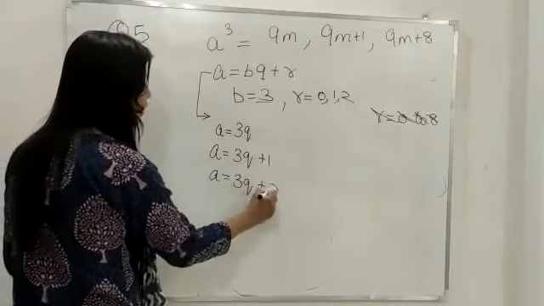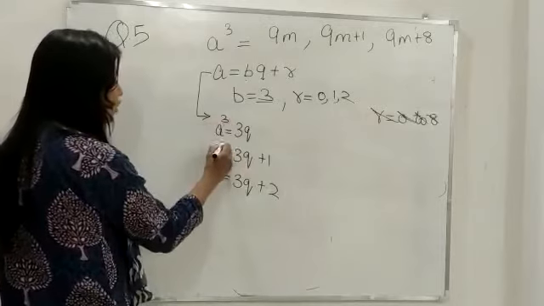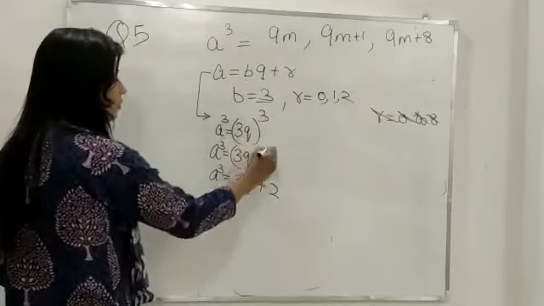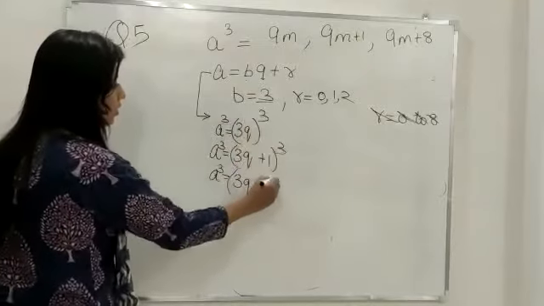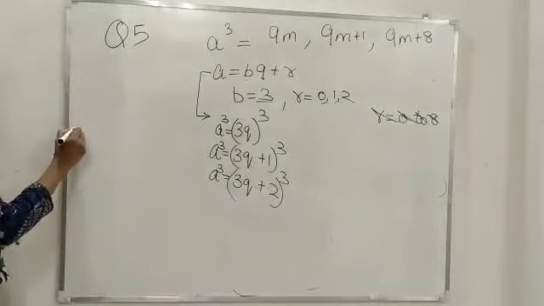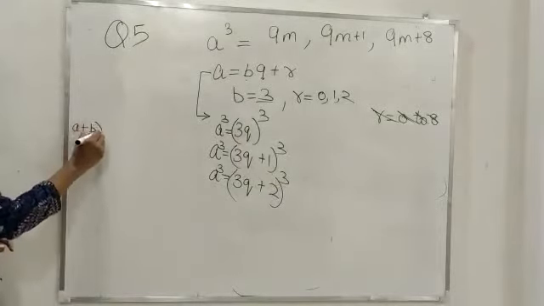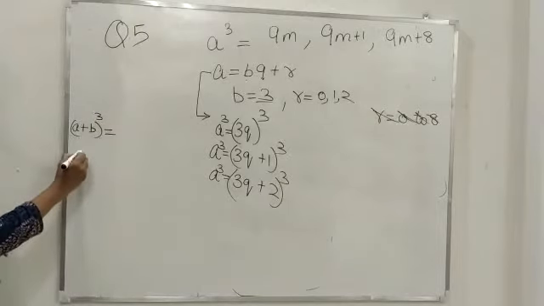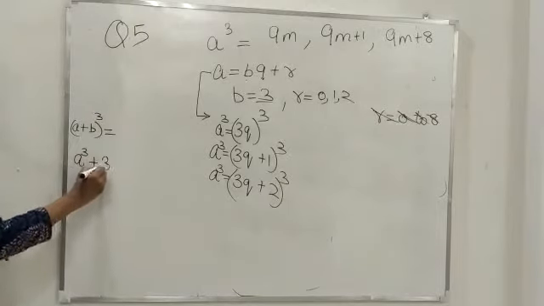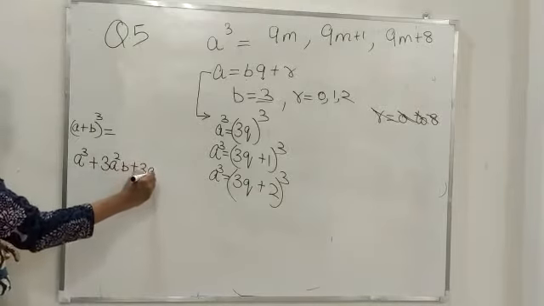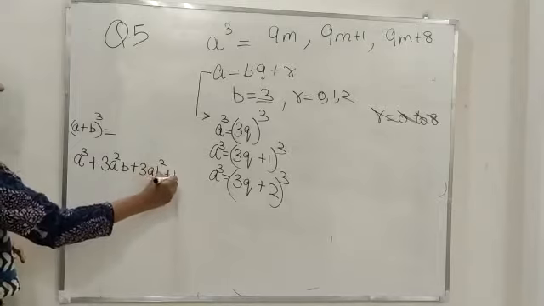So when you take out the cube of any positive integer, we will take out the cube. Do you know the formula of cube? A plus b whole cube is equal to a cube plus 3a square b plus 3ab square plus b cube.